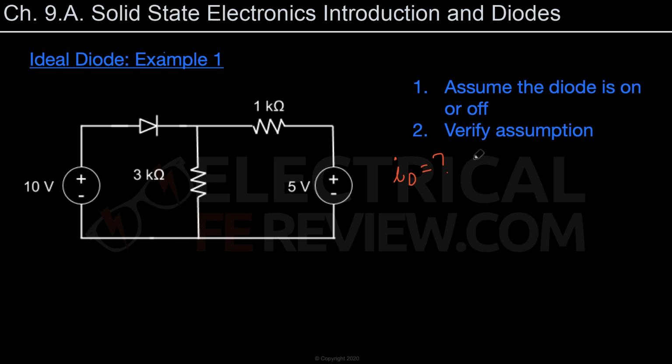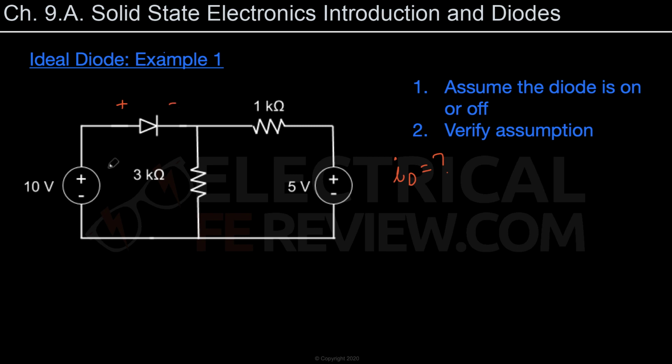Firstly, which way do you want to assume? Do you want to assume that this diode is on or off? In this problem, it starts off kind of simple, so I can give you some intuition on how you would want to solve this. We want the diode to be in forward bias when there's a greater positive voltage on its anode, the positive side over here, and a smaller voltage on its cathode side.